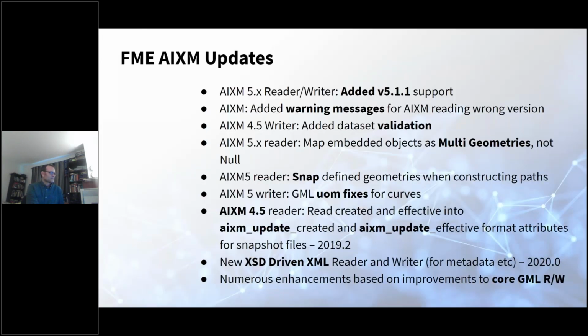So I won't go through the updates. I think the Xlink one was that we recently did a UOM fix. There was an international foot unit that was messing things up for the UK data set, so we recently did a fix for that.